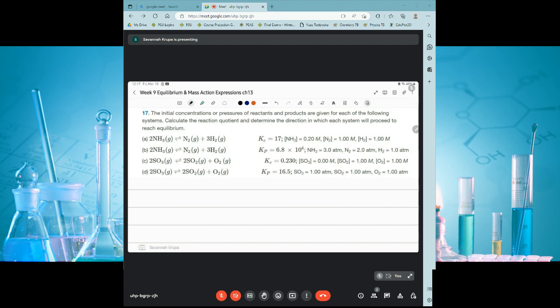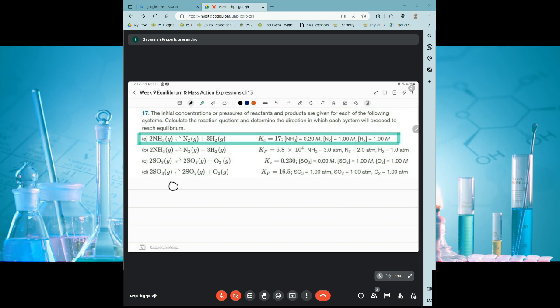So let's first work on 17A. And we are working with the Kc, so we're working with concentration values. And so let's first write down the Qc reaction, and then we can plug in the concentration values and then solve for it.